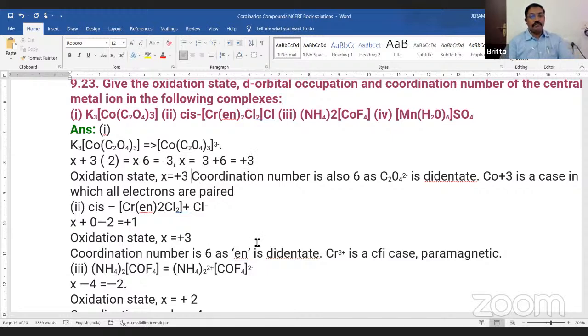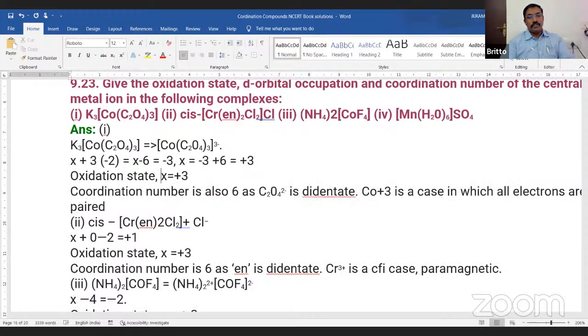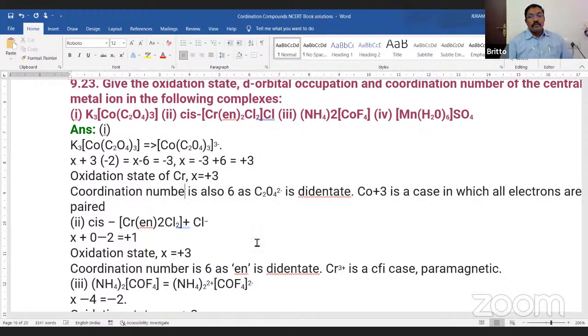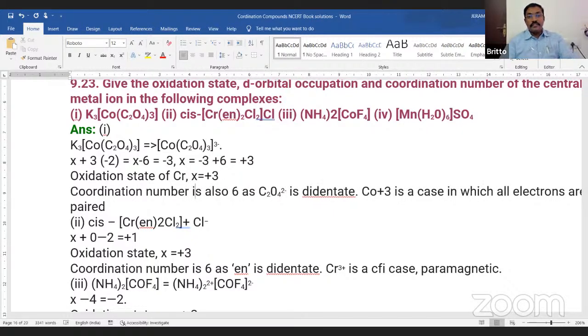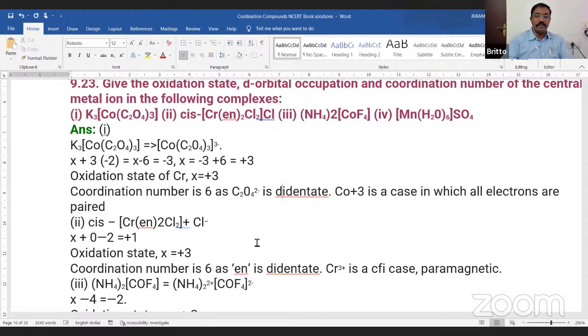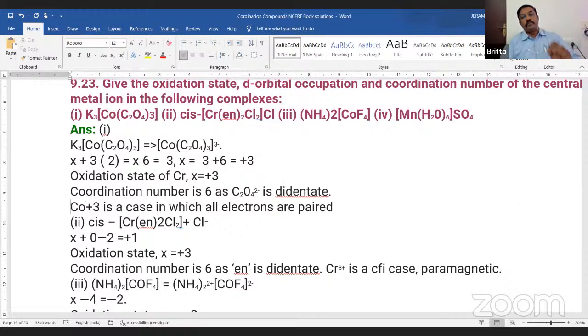So the oxidation state of cobalt in the complex is plus 3. Then the coordination number is 6, because the oxalato ligand is a bidentate ligand. There are 3 oxalato groups, and 3 times 2 is 6. So the coordination number is 6.